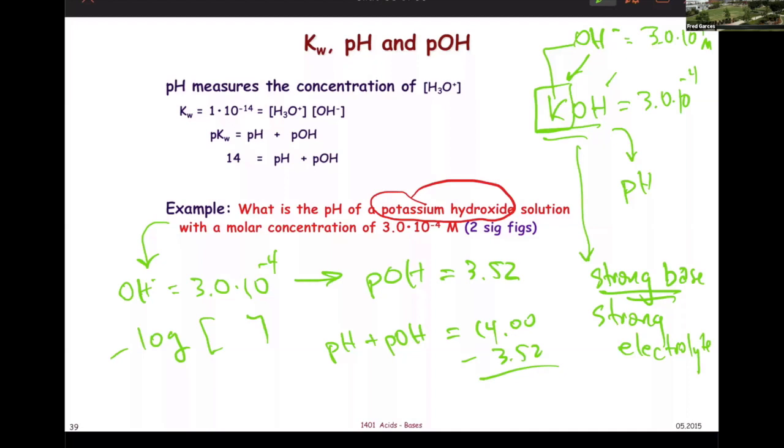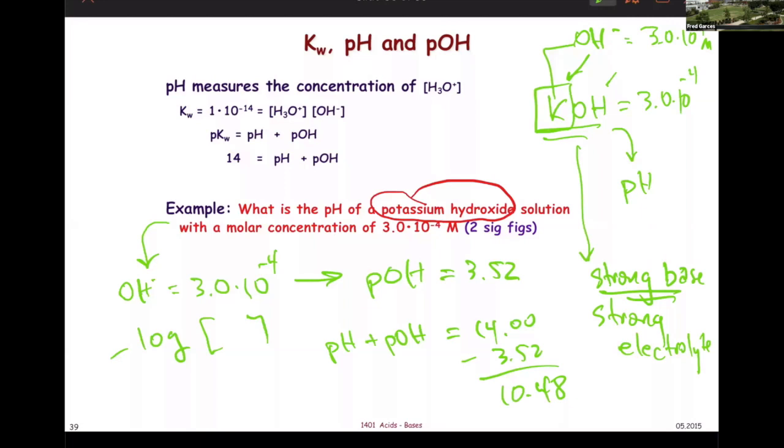That's the way I would solve this problem. Because the question is asking what is the pH. It's not asking for the pOH, it's asking for the pH. So if I take my handheld calculator and subtract 3.52 from 14, I get 10.48. So that would be my answer for this problem.